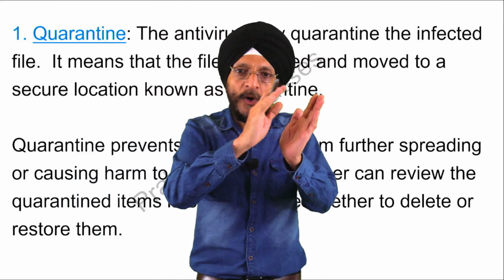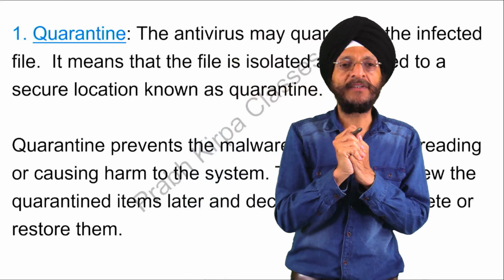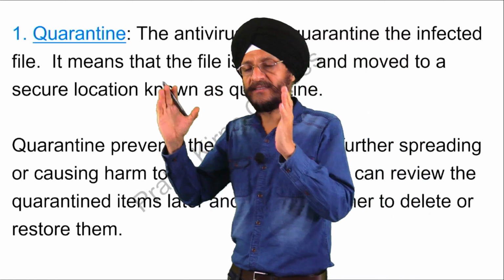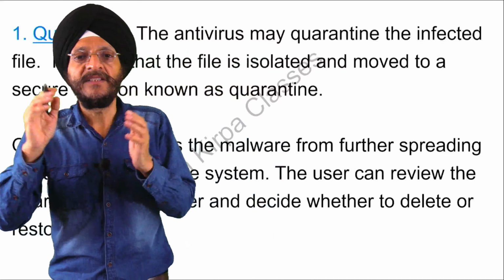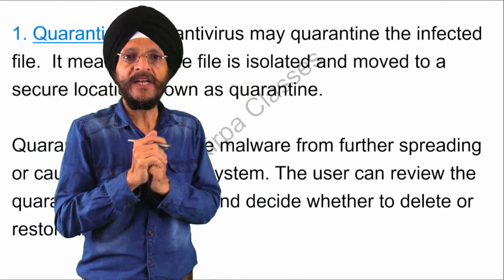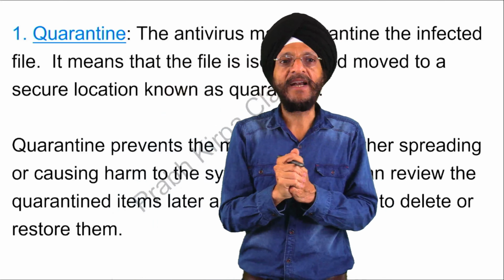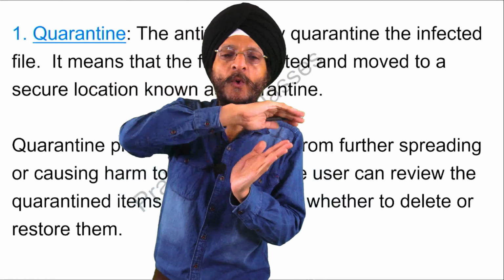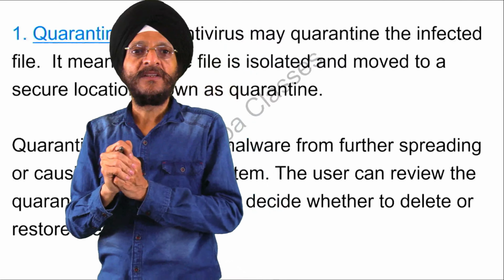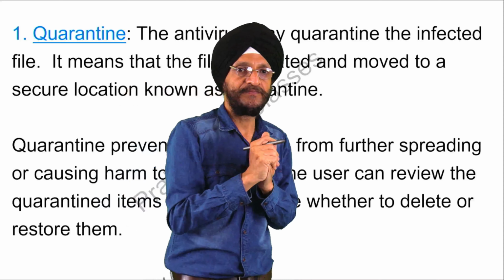Quarantine means to isolate. When the antivirus software detects malware, it may quarantine the infected file. It means that it may isolate the file and move the said infected file to a secure location, which is known as quarantining the file.